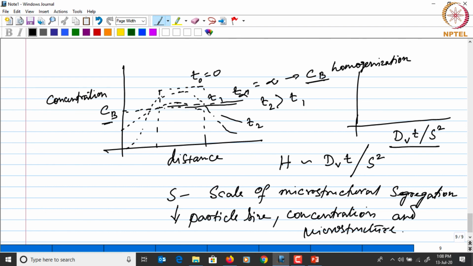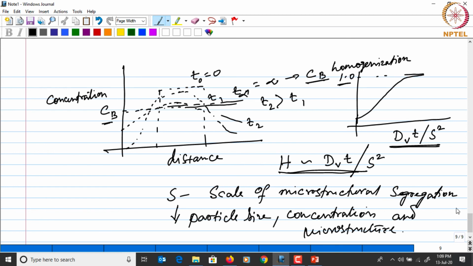So as this term increases, the homogenization will also increase, which is obvious from this equation. And ultimately it will saturate at 1, which is complete homogenization.